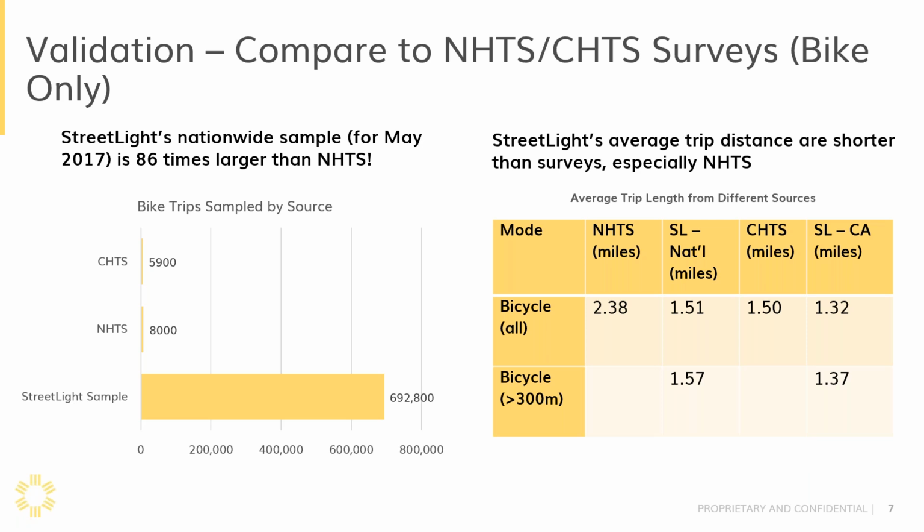Those surveys really have a small percentage representing a large number of people; the survey is only about 6,000 people in California, the biggest state in the union by population. The other thing is that we noticed that our trip distances were shorter than the surveys, especially the National Household Travel Survey, by a little bit over a mile.